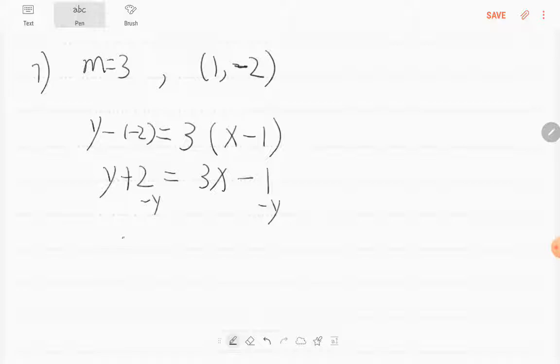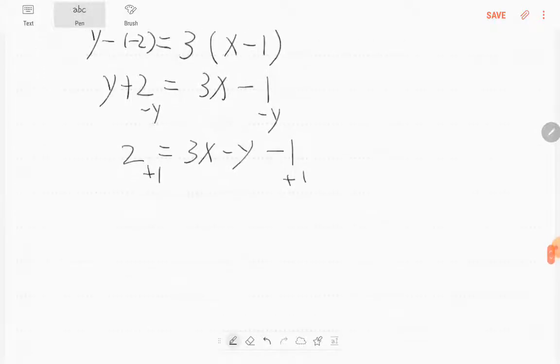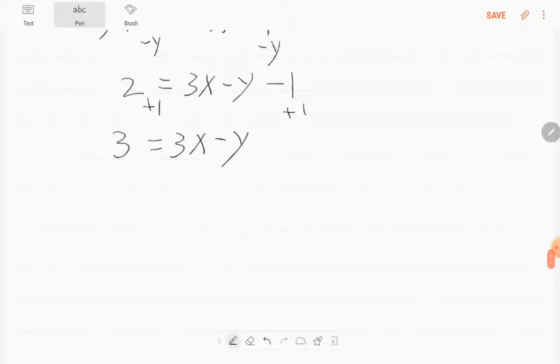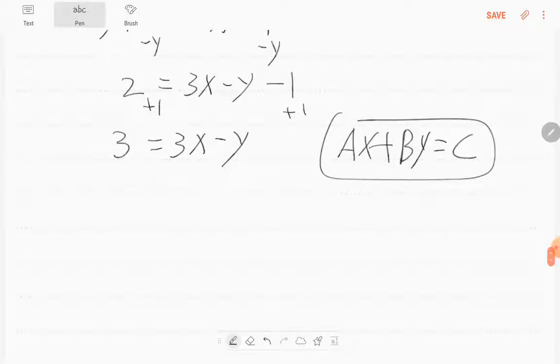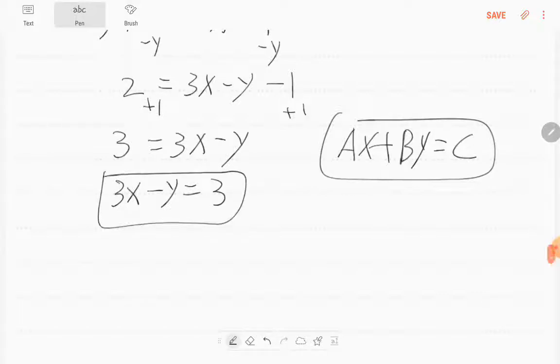So this would be 2 equals 3x minus y minus 1. So we add 1 on both sides. So you have 3 equals 3x minus y. So this is the ax plus by equals c. This is called the standard form, right? So let's rewrite it as 3x minus y equals 3. So this is your answer.